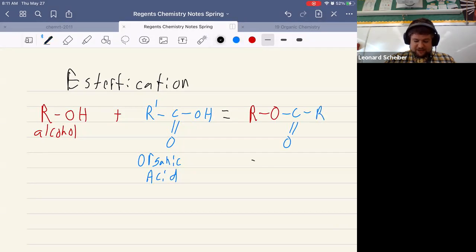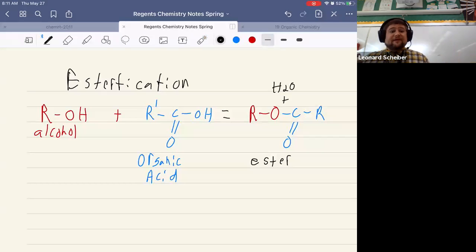And here's our ester. Note what happened is that the alcohol gave off a hydrogen and the organic acid gave off an OH. In fact, this also has water. So this is very special because two different sets of alcohol and organic acids will give you different esters.